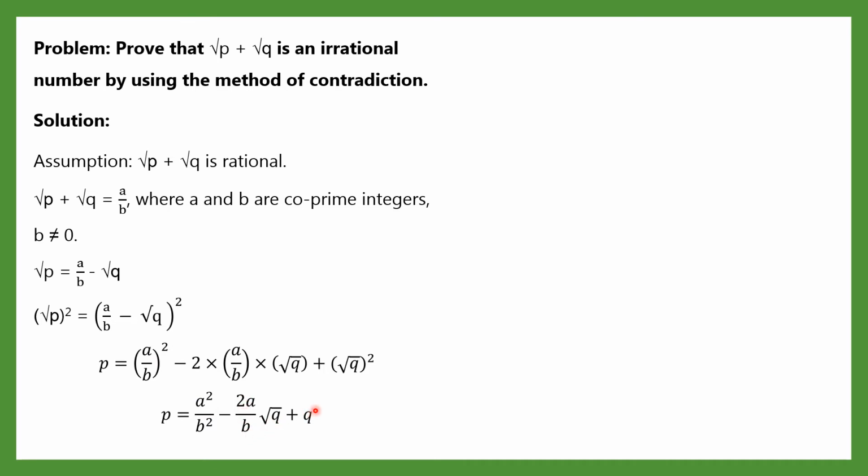Now here the second term has the root term, or irrational term. We take the second term to the left side. It will become plus 2a by b root q, and take p to the right side, it will become minus p. The remaining terms in the RHS are a square by b square plus q.